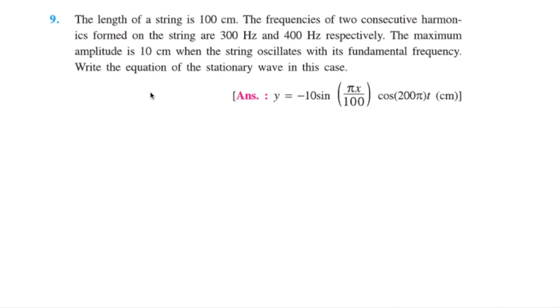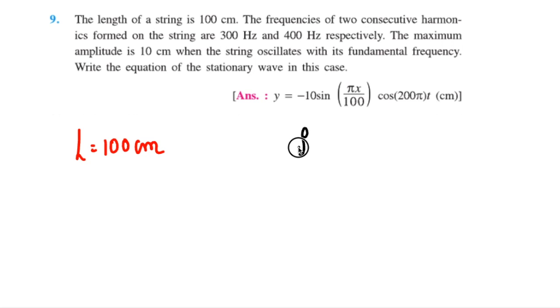Now this is the ninth question. The question is such that the length of a string is given to you. That means L is with us, that is 100 centimeter. The frequencies of two consecutive harmonics, it is the same as question number 8.